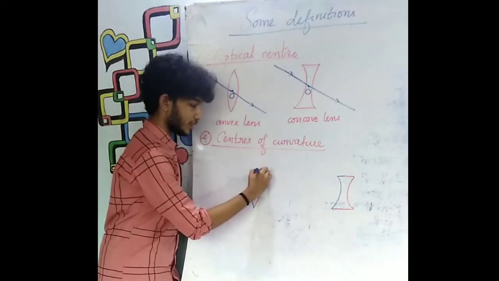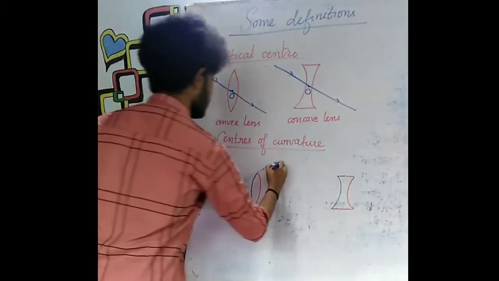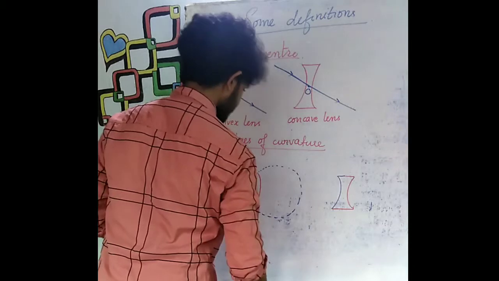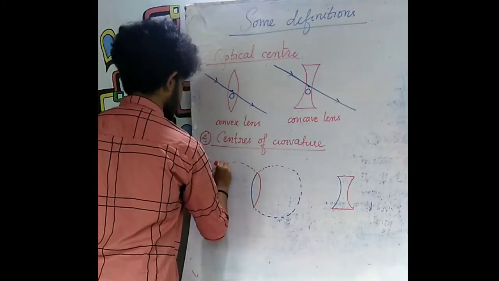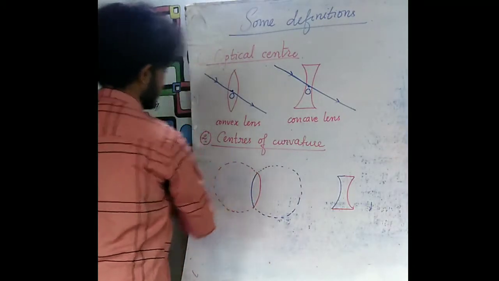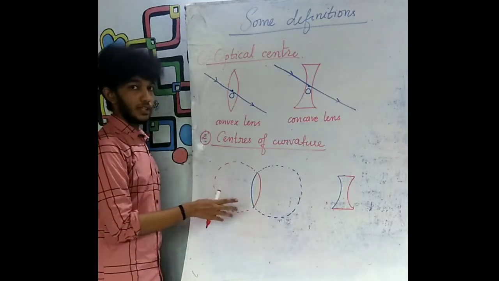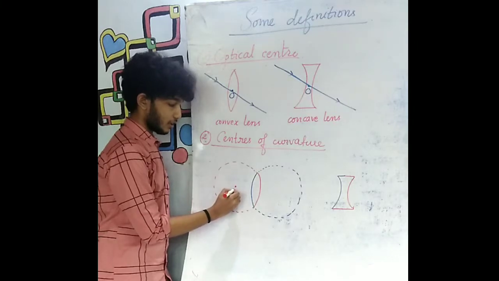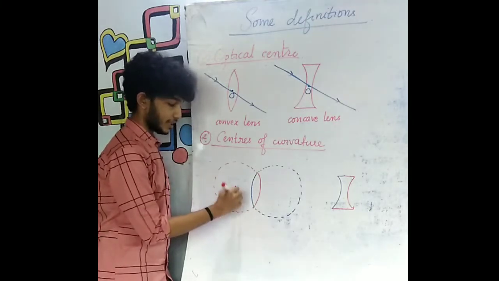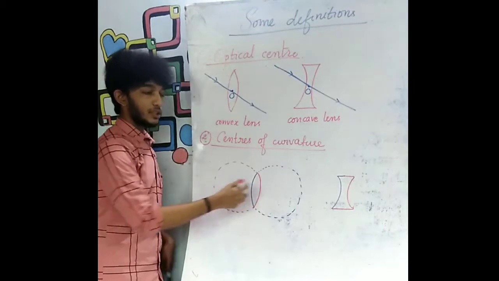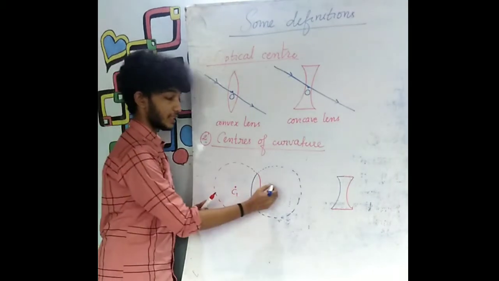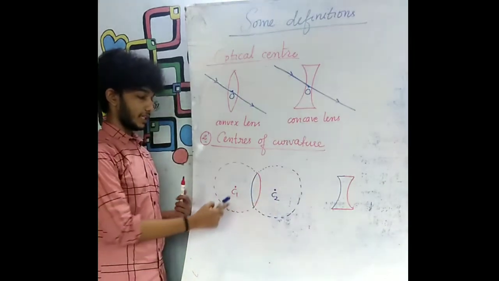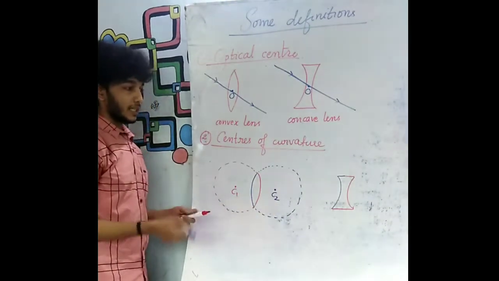See, the blue surface will be a part of one sphere and the red surface will be a part of another sphere. The center of the sphere of which the red surface was a part is the center of curvature of the red surface. And the center of the sphere of which the blue surface was a part is the center of curvature of the blue surface. Let these be C1 and C2.